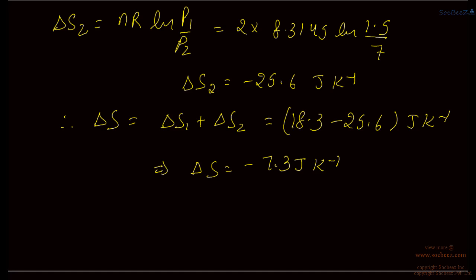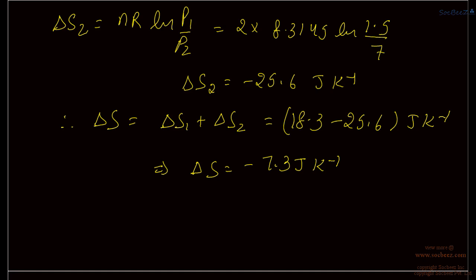But if you analyze this solution closely, you will come to the conclusion that the heat lost in step 2 was more than the heat gained in step 1, resulting in a net loss of entropy. Or in other words, we can say that the ordering represented by confining the sample to a smaller volume in step 2 overcame the disordering represented by the temperature rise in step 1.